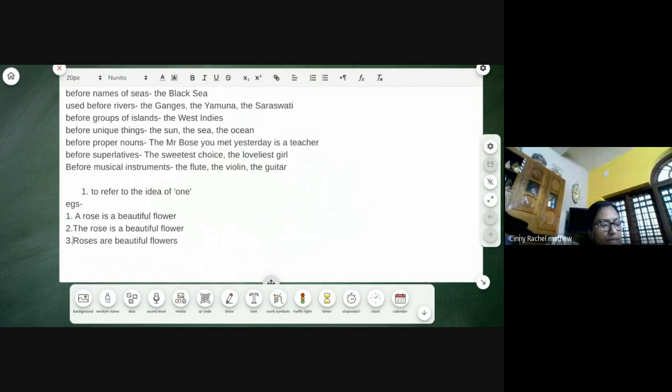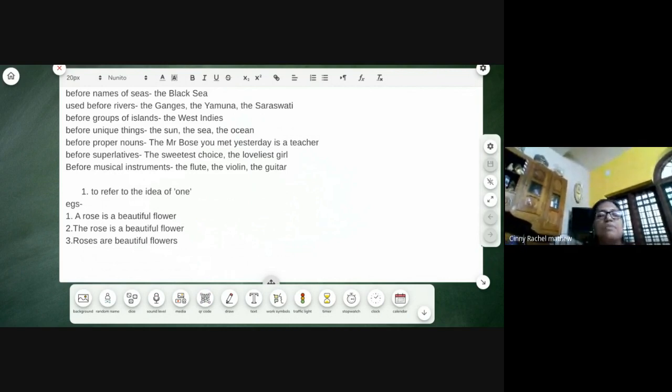So here it comes before a common noun and it is in the singular form. So there's no doubt about that. The singular countable form has to be used after the indefinite article a or an, right? And you cannot say an rose because an is only accompanied by nouns which begin with vowel sounds.